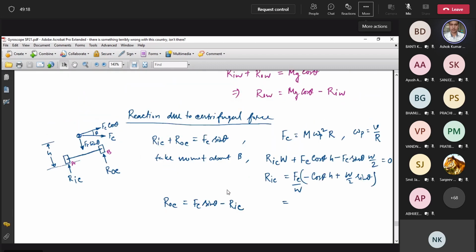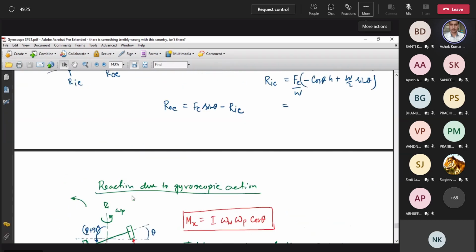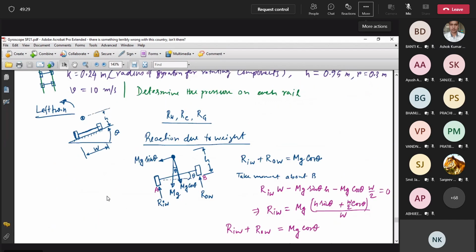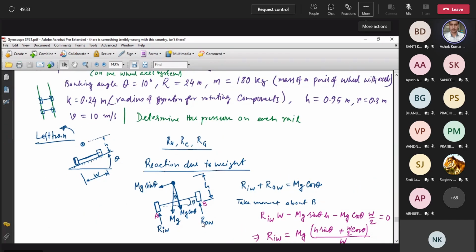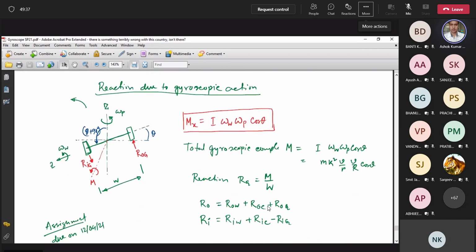Just see from here, this is ROG acting upward, ROC acting upward, ROW acting upward. Then you add all of them, ROW, ROC, ROG, all of them are acting upward. The values are already obtained, so you can just substitute here and get the reaction in the outer wheel.